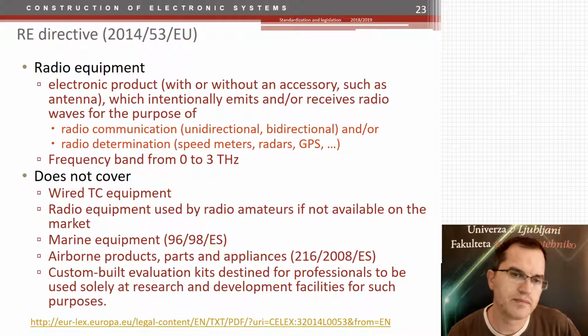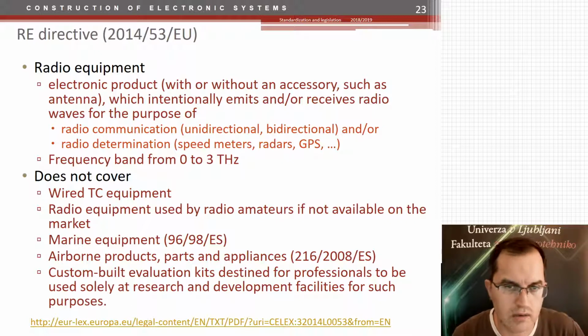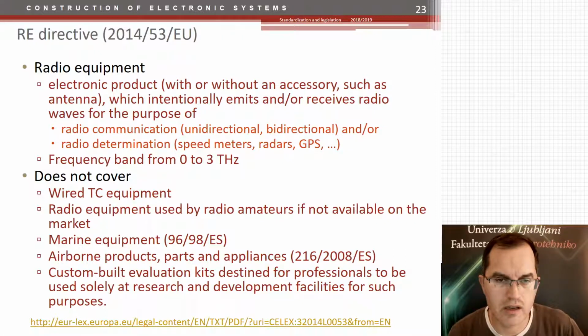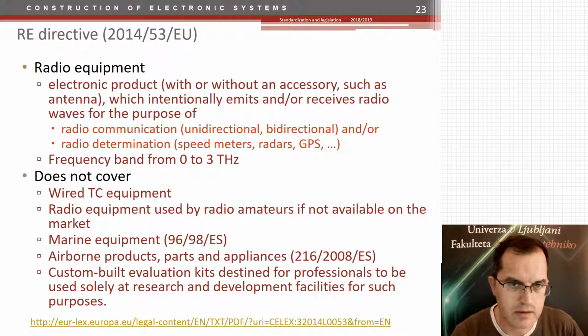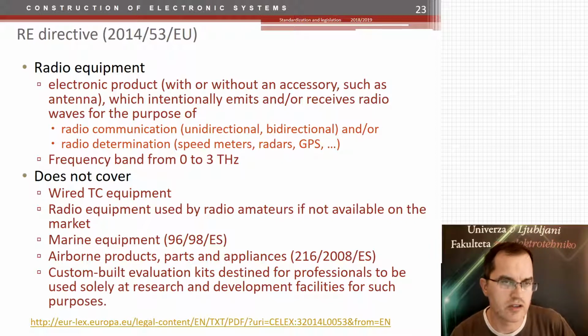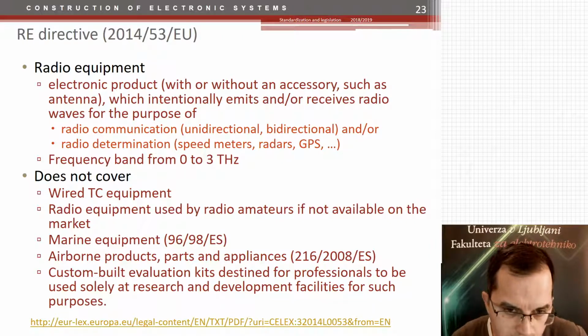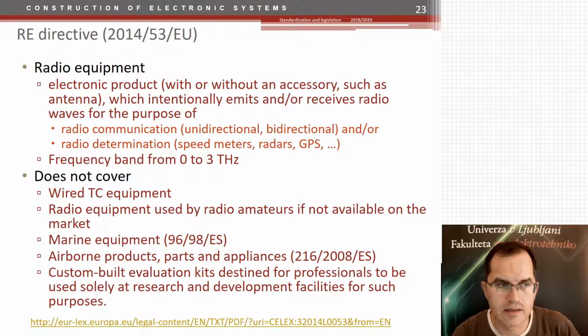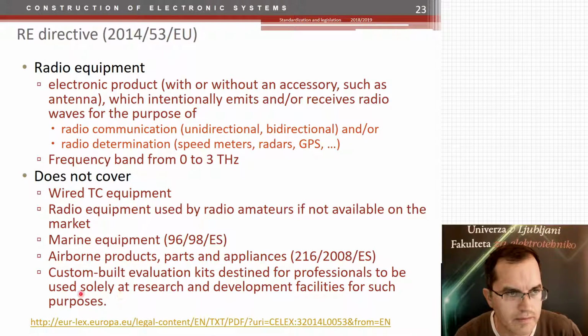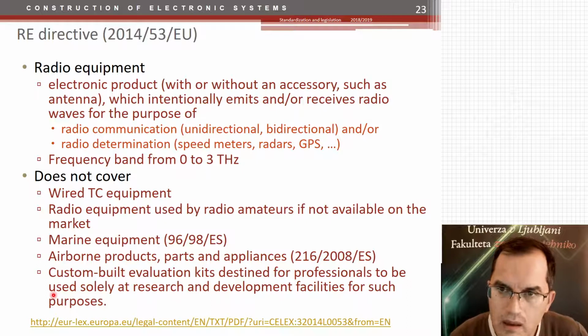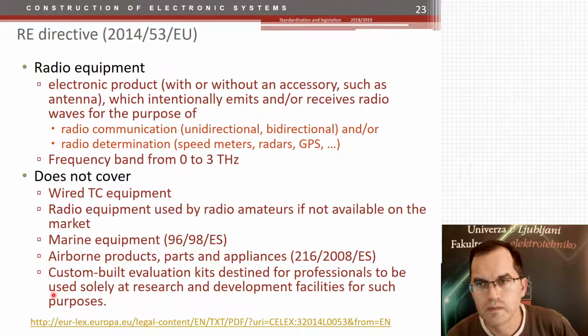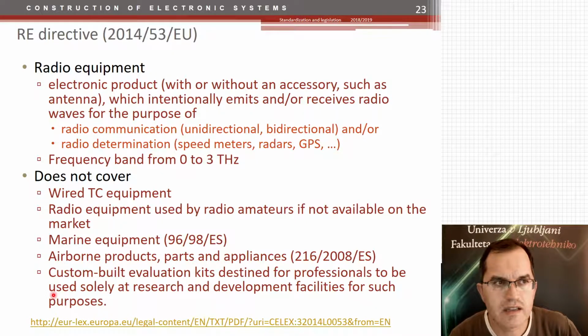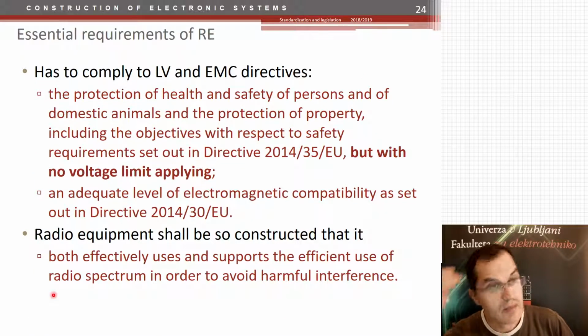So what it does not cover is wired telecommunication equipment with cables, radio amateurs, and other equipment that falls under the jurisdiction of other directives. And at the end, again, custom-built evaluation kits here. So, what are the essential requirements?